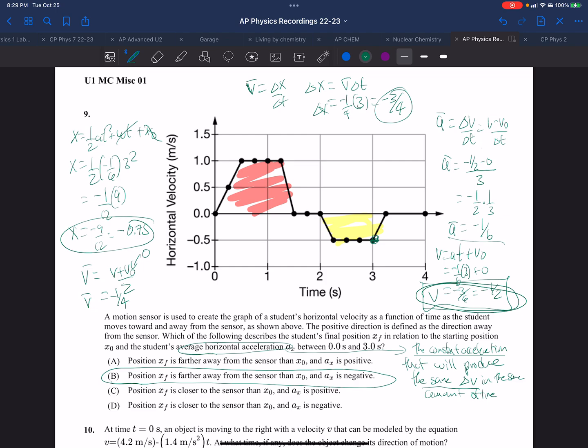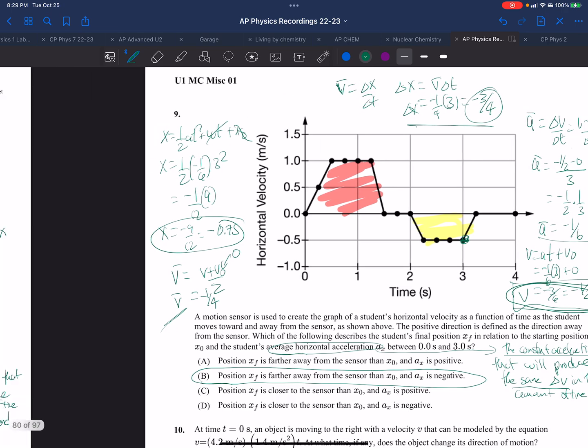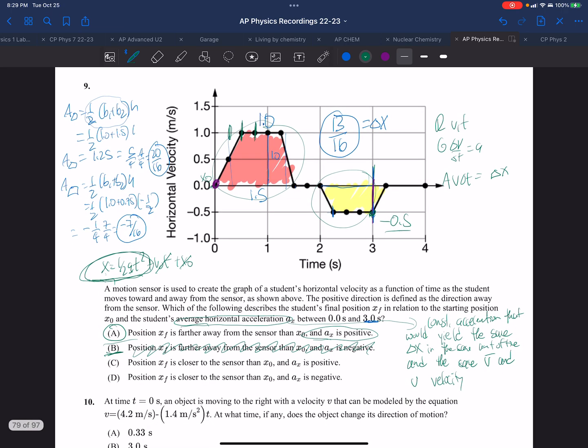It doesn't allow you to predict the right displacement. It doesn't allow you to predict the average velocity. Whereas using the other technique, using constant acceleration that will yield the same delta X, not only gets us the correct position, it gets us the proper displacement, a proper average velocity that's all internally consistent.